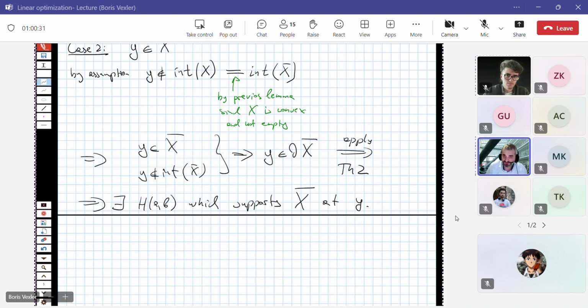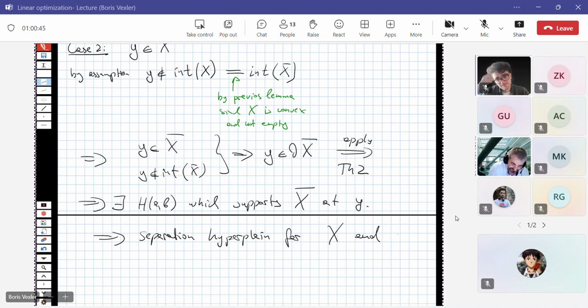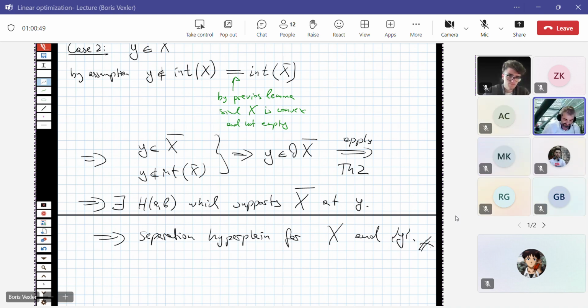And of course, this is also a separation hyperplane for X and Y. Okay. End of the proof.